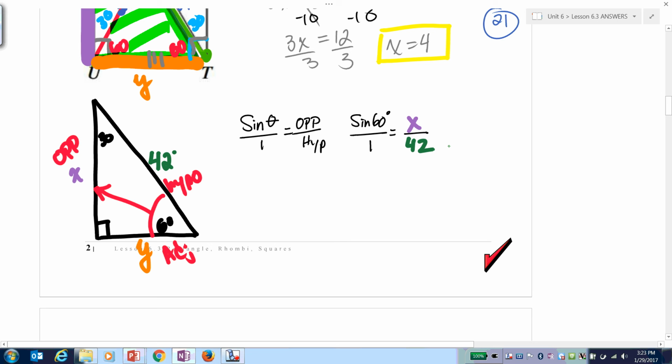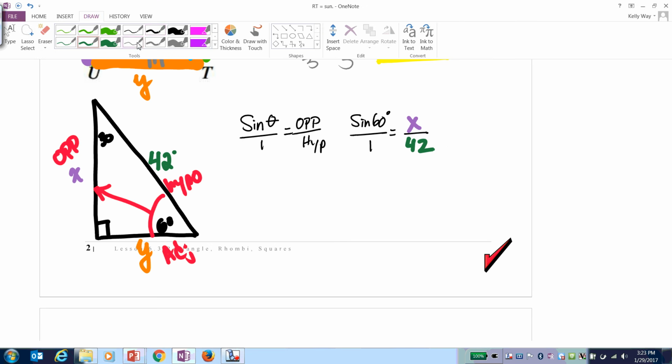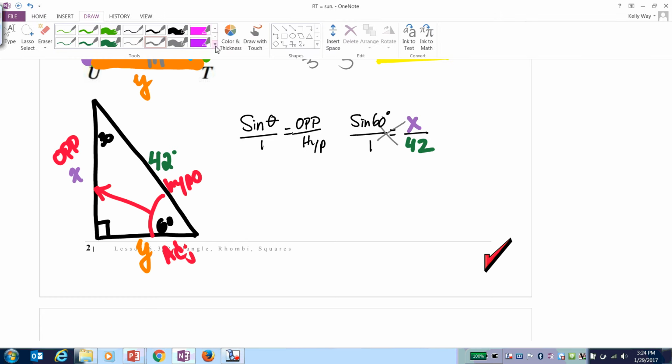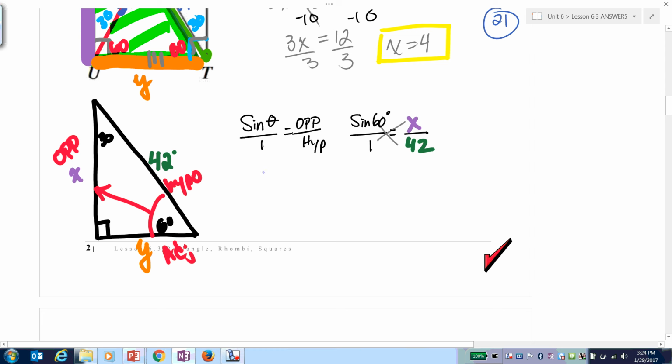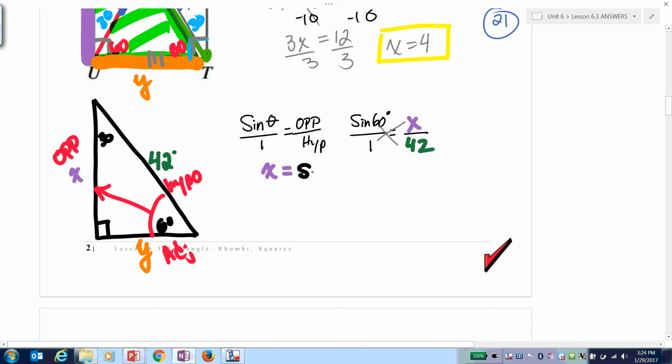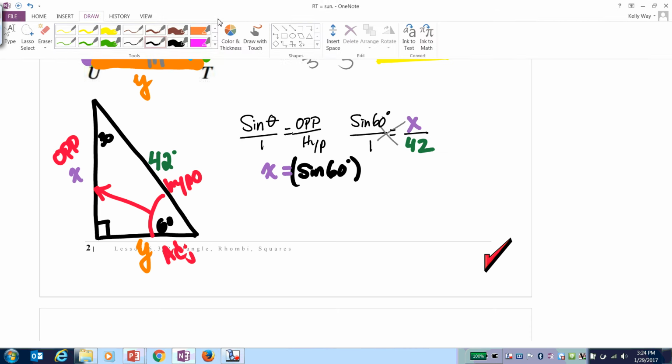You cross multiply, and we get the fact that X, whatever X is, it's simply going to be the sine of 60 times 42.